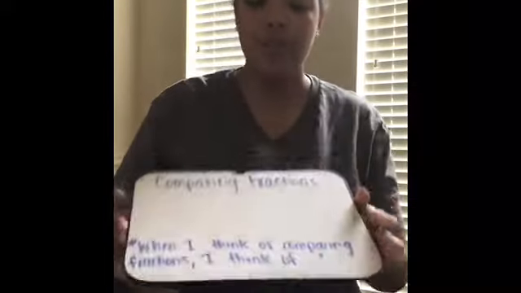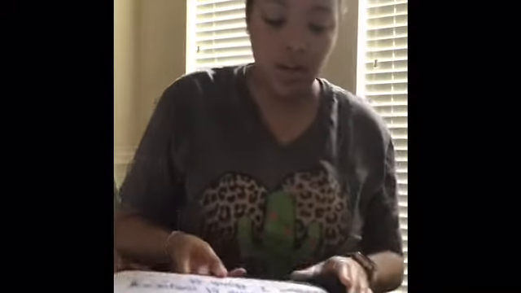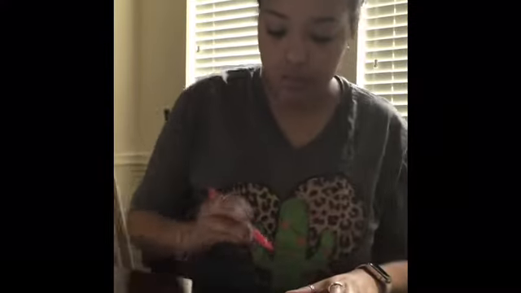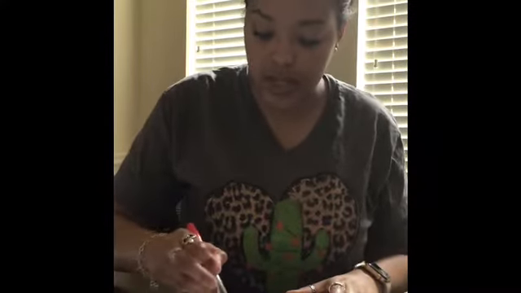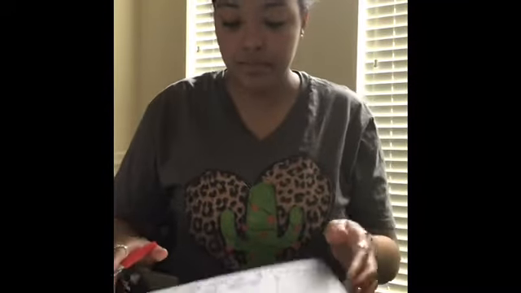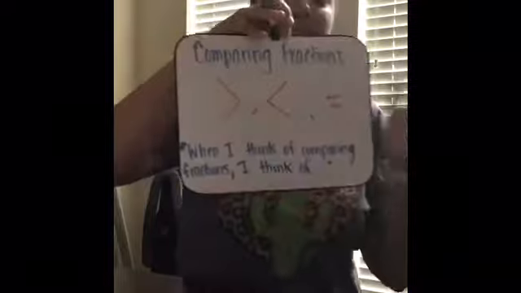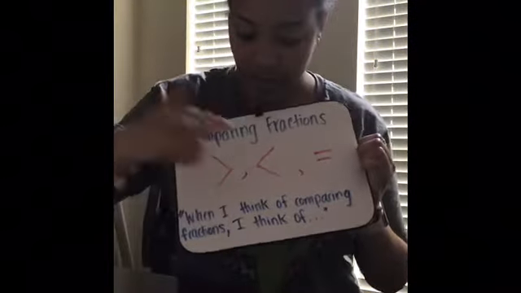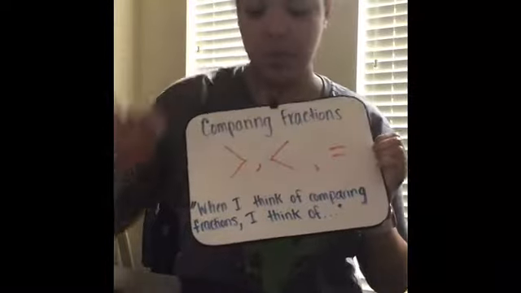Okay? So when I think of fractions and I think about third grade, what we all learned in third grade, I think about the greater than, the less than, and the equal to sign associated with comparing fractions. This is greater than, less than, and equal to.